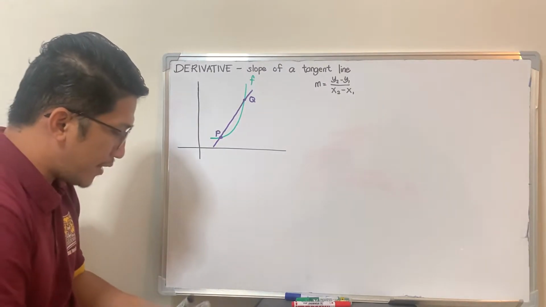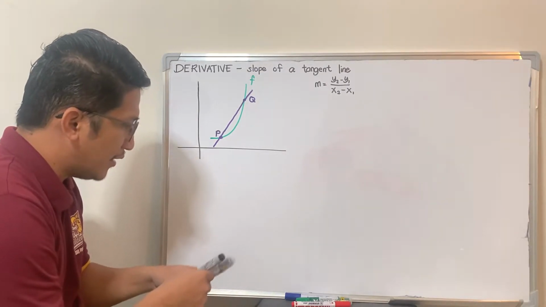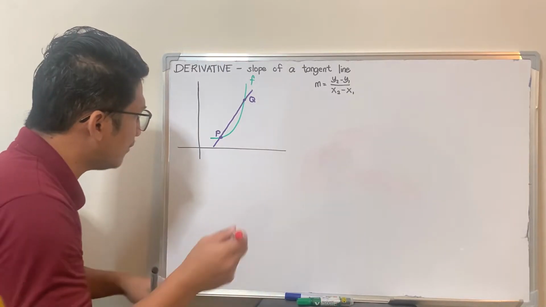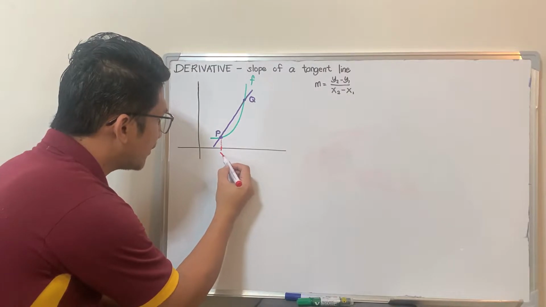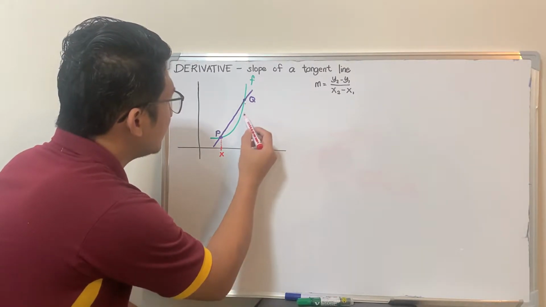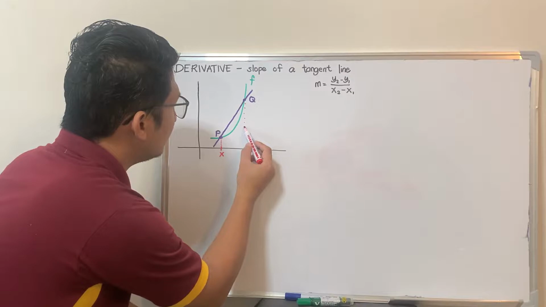Okay, so from there, let me put the labels. This is our first value of x and this is our second value of x.